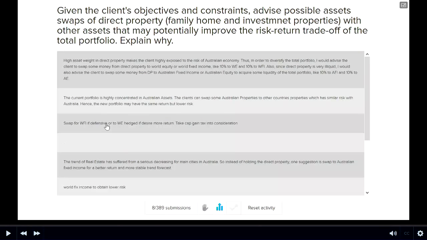And then you say swap for world fixed income or world equity to diversify the Australian economic risk. And also this will reduce the illiquidity risk as well. Then you probably will get above 80% or probably close to the full mark to answer that question. You have to put down the reasoning why you advise these asset swaps.